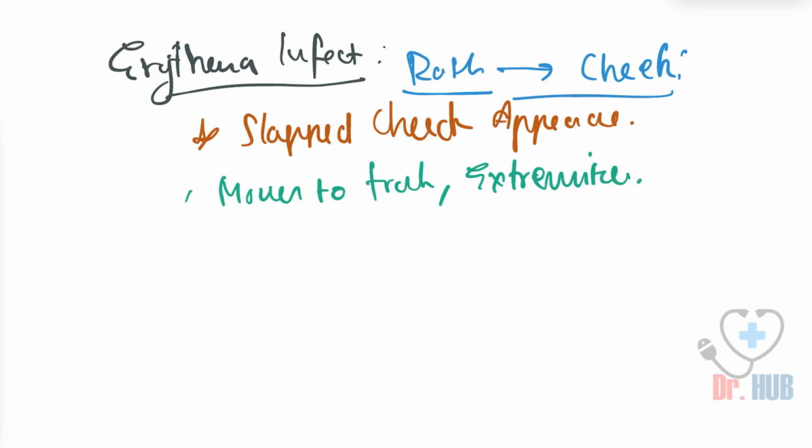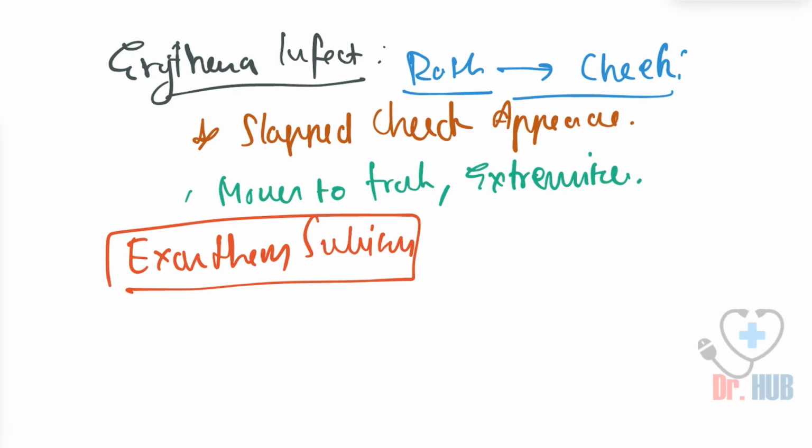Then we also have exanthem subitum. In exanthem subitum, the rash characteristics are macules or a maculopapular rash.